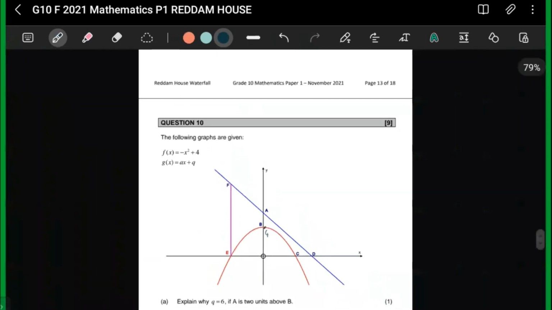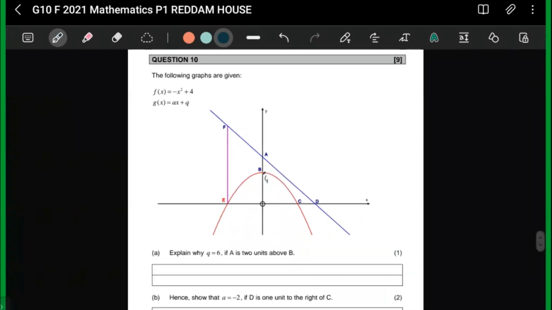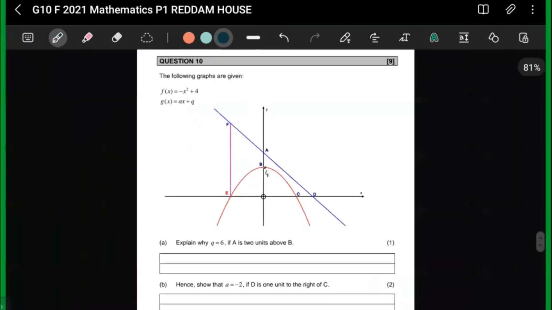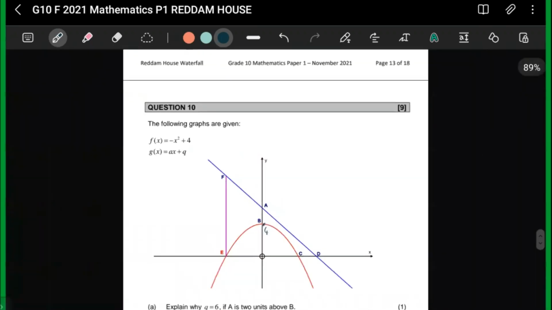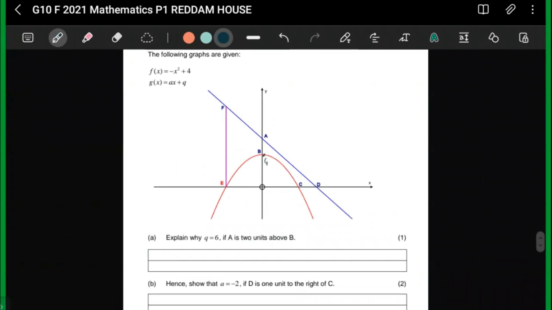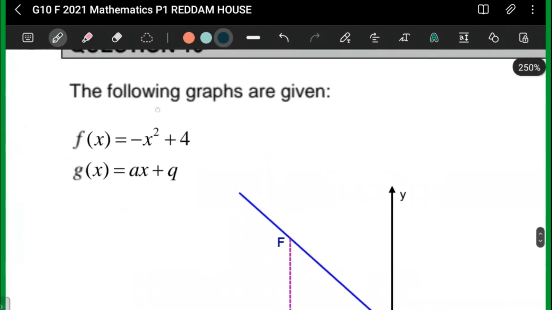And now, let's see. For 1 mark, they said explain why Q is a 6 if A is 2 units above B. So you see why we need to know why this is a 4. You firstly have to know what Q is.